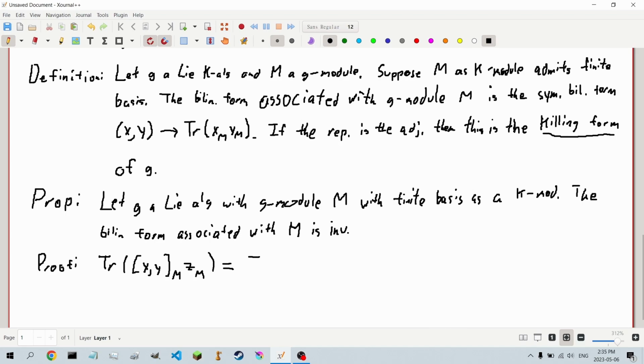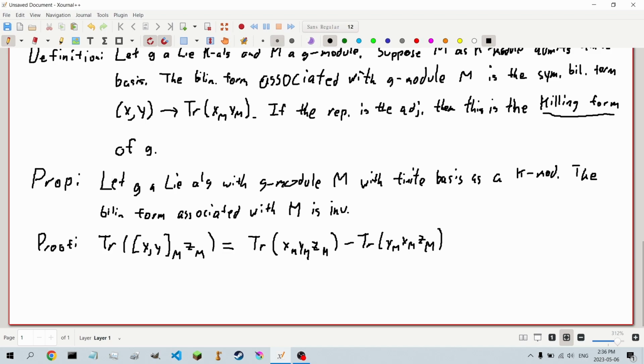Anyways, this is equivalent to, you can break apart this bracket into x_M y_M z_M minus y_M x_M z_M. This is essentially just breaking apart the Lie bracket using the linearity of the trace to take the difference out of the immediate calculation.